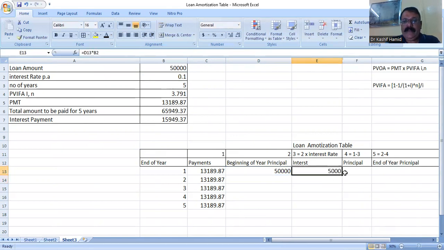Here we will make the interest rate fixed because it will remain fixed.